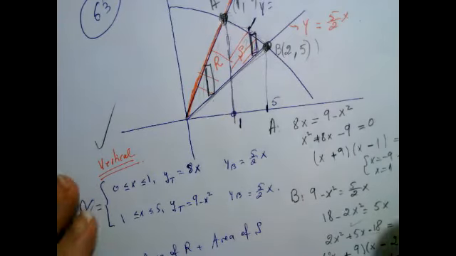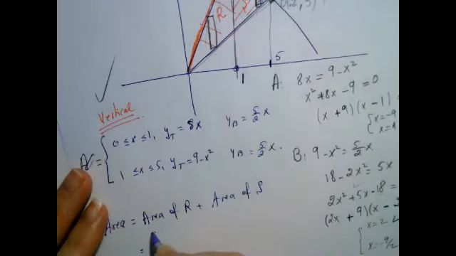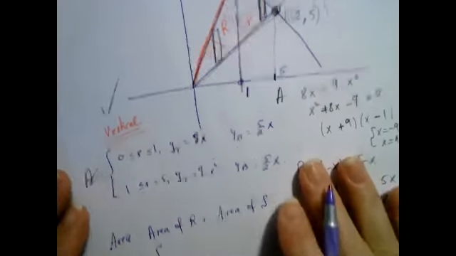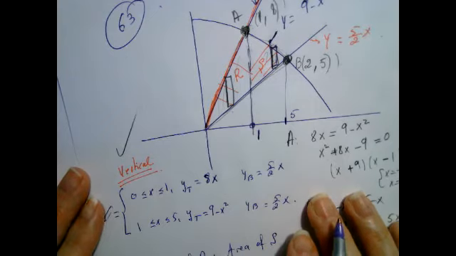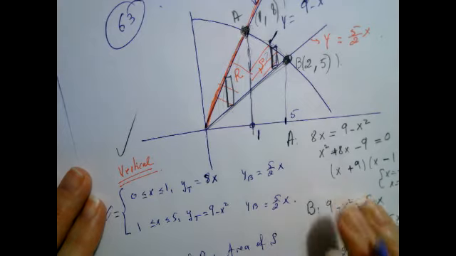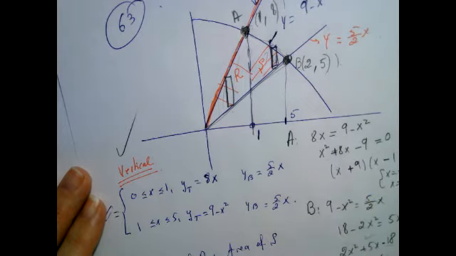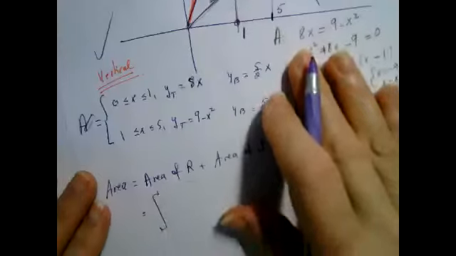First, x, what's the lower limit? What's the upper limit? Upper limit is 1, lower limit is 0. Absolutely.